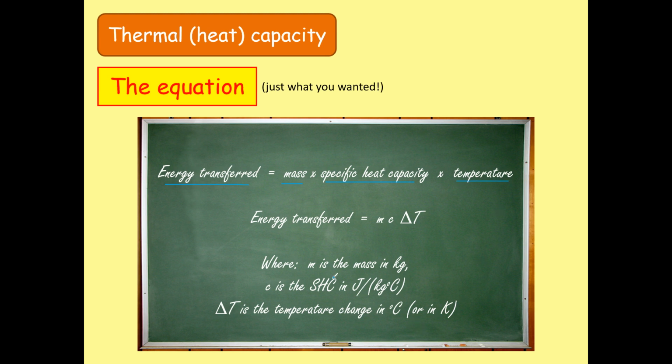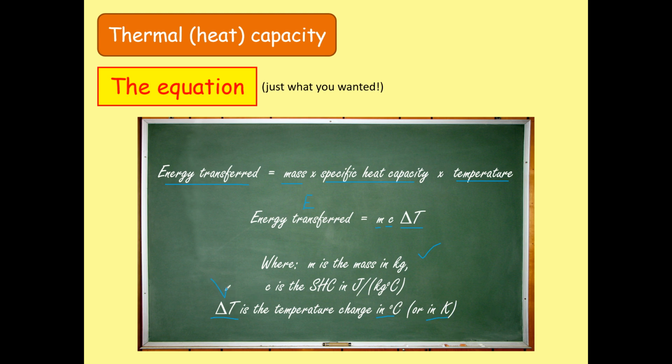In other words, we can say that E, or energy, depends on the product of mass, specific heat capacity and the temperature change: E = m c delta T. Where m is the mass in kilograms, c is the specific heat capacity in joules per kilogram per degree Celsius, and delta T, or change in temperature, is measured in degrees Celsius or Kelvin. Remember, delta T is the same for degrees Celsius and Kelvin.